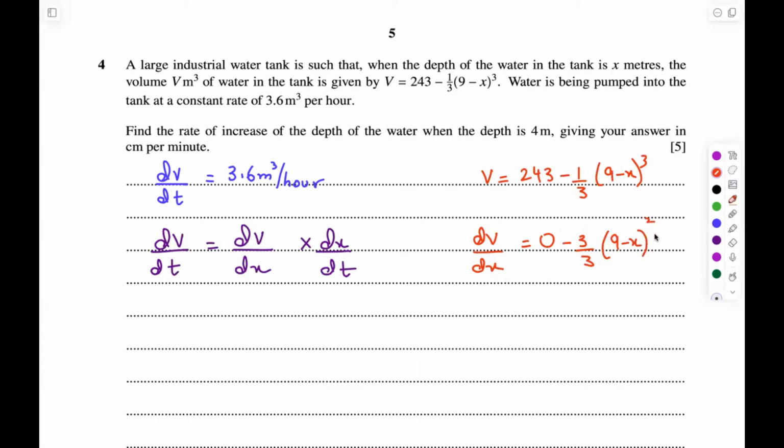The power will decrease by 1, and we'll also multiply it with the derivative of 9 - x, which is minus 1. So minus minus will cancel, 3 and 3 will also cancel. dV/dx will be equal to (9 - x)^2.